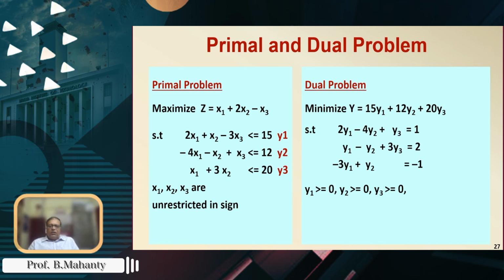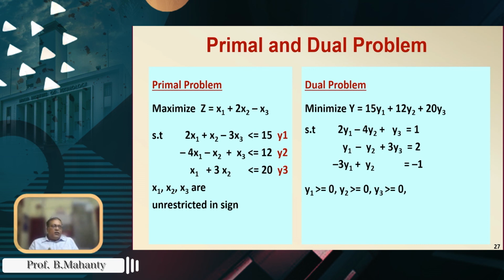All right. So you are now confident about formulating dual problems for any kind of primal problem. If it is maximization standard form, the dual will be in minimization standard form. If the primal is minimization standard form, the dual will be maximization standard form. If the primal is in non-standard form, then you have to check every constraint and every variable.